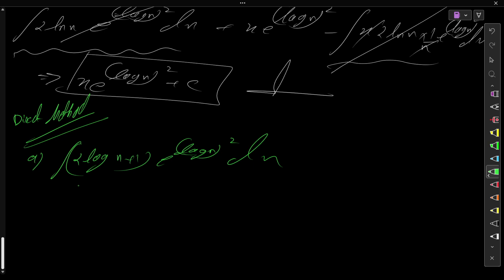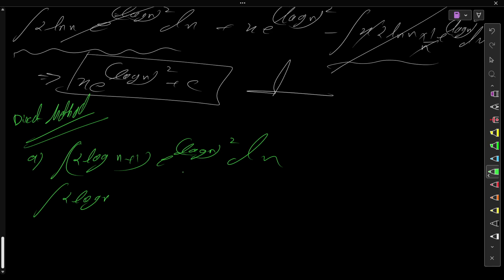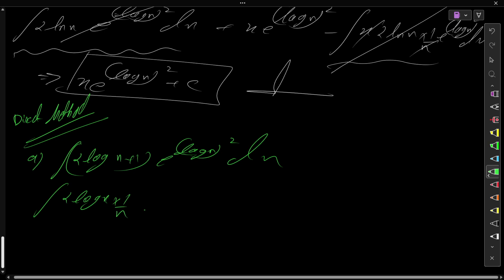Now this 2 log x is something looking like the derivative of e to the power of (log x) whole square. The thing that is missing is 1 over x, so I'll write x here also to fulfill the question.